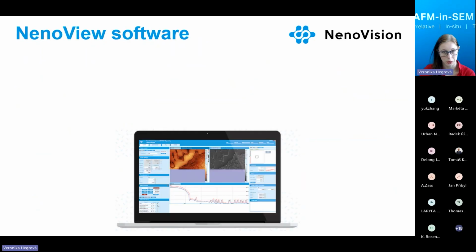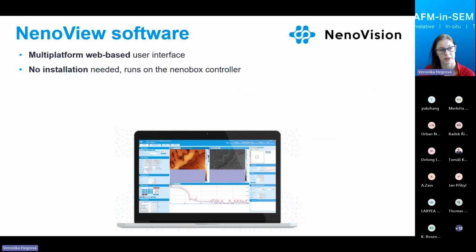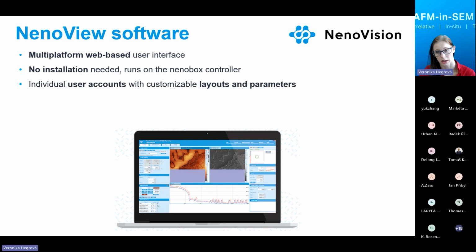And regarding the software, NanoView software is a multi-platform web-based user interface. There is no installation of the software needed as it runs in the NanoBox controller. And if needed, the network is created locally, not via internet. So if in your lab it's not allowed to have the internet on the computer, it's completely fine.